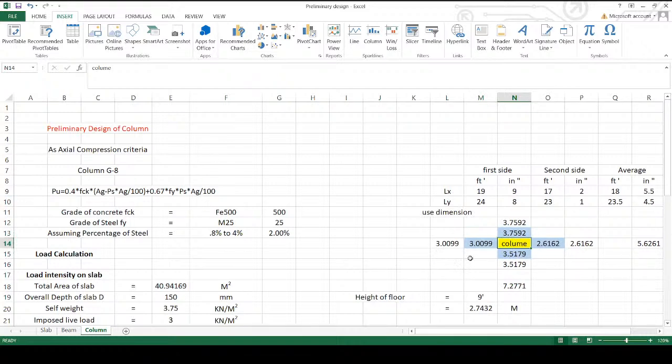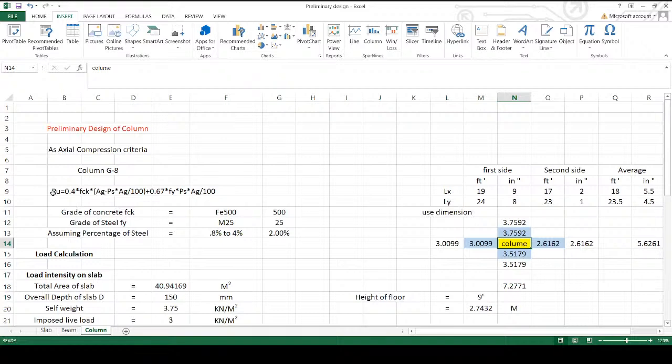You have already calculated this; you have to calculate it from AutoCAD. For calculating the area of column, there is PU, the total design load applied to this column.